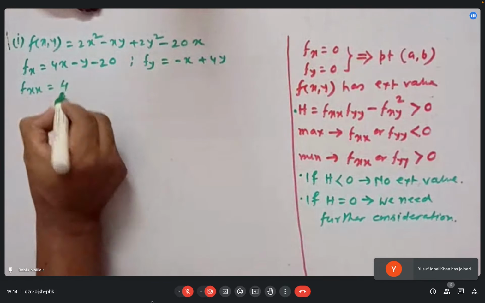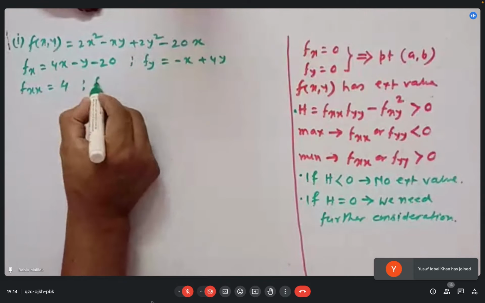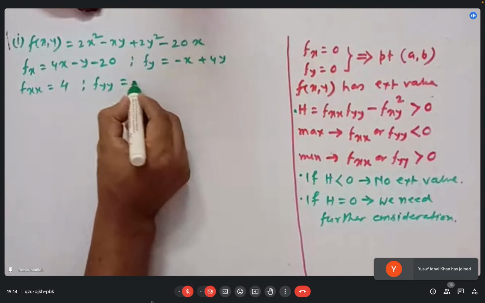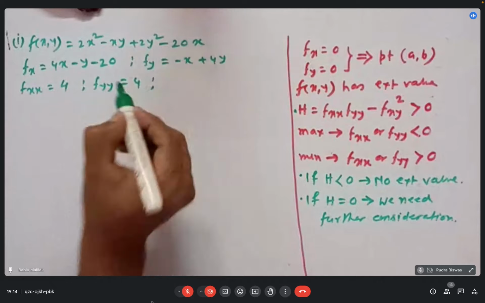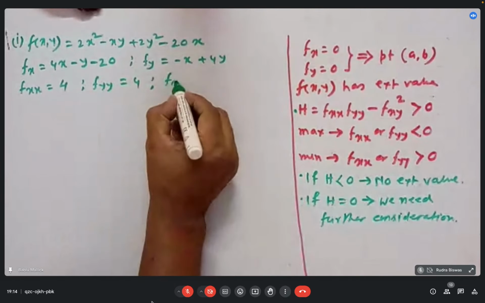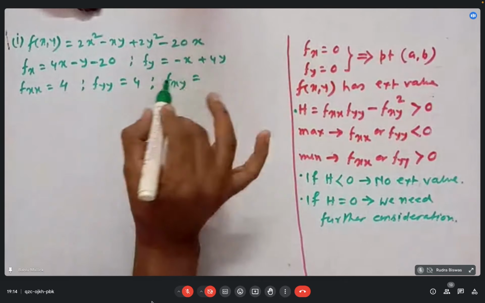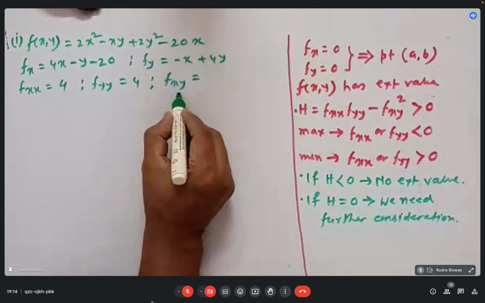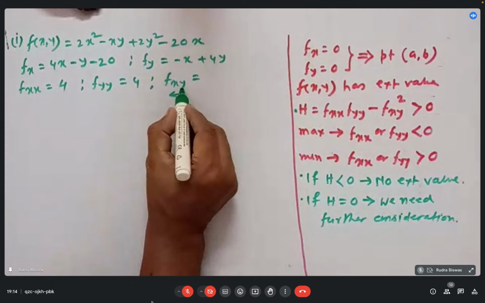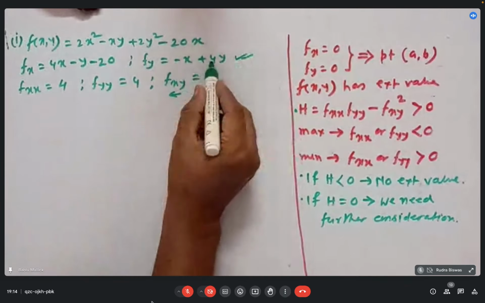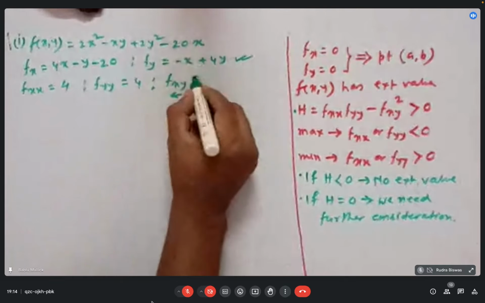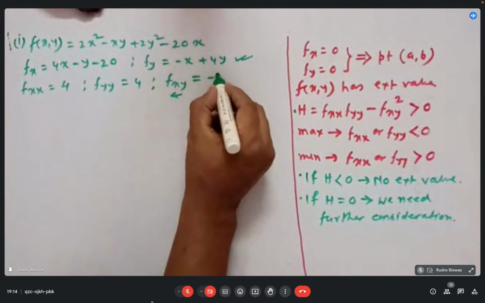Calculate fxx, it is 4. fyy is equal to 4, and fxy or fyx here will be the same. fxy means first derivative with respect to y, then we differentiate with respect to x, so it will be minus 1.